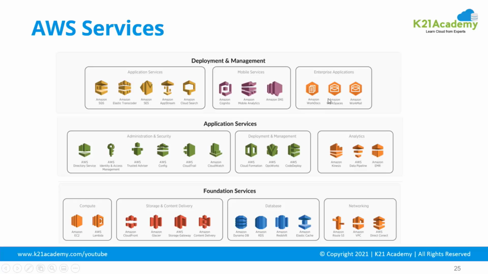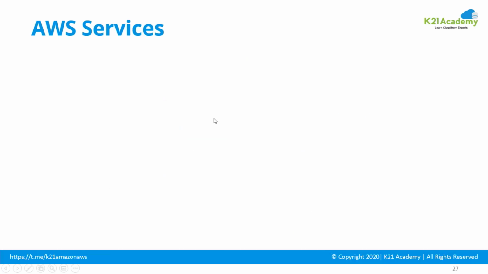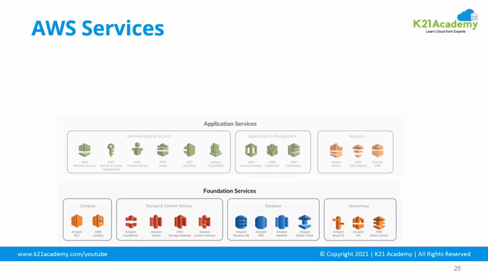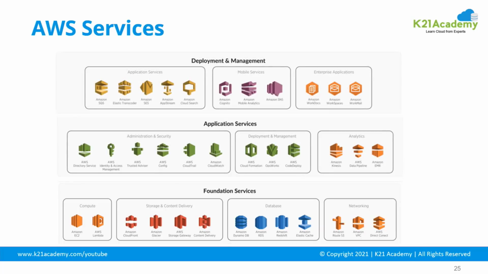These applications come under your SaaS, software as a service, which is your WorkSpaces, WorkMail, something similar to your Office 365, where you say, I need a Word document, or I can work on email and so on. Then there are mobile services for notification or mobile analytics, and so on.